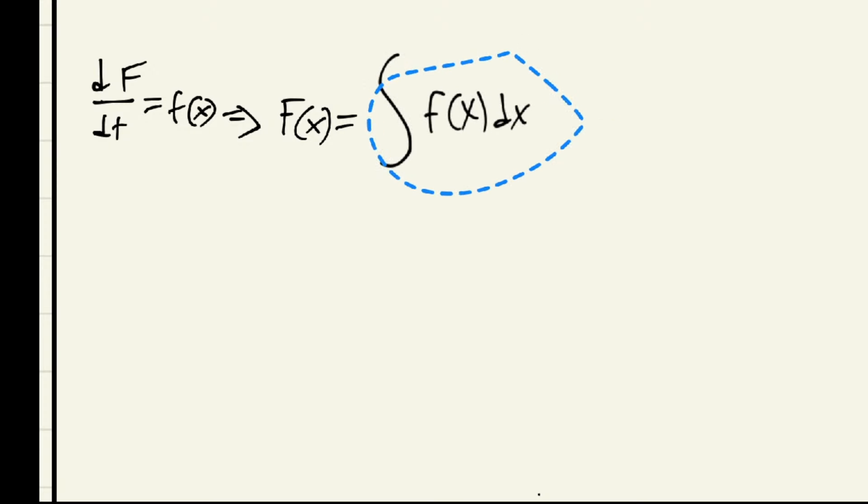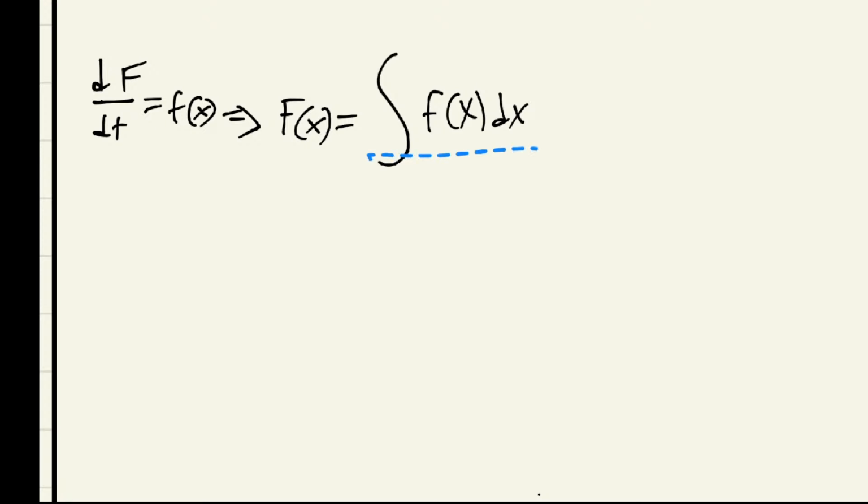That is the claim. So if this, then this. And from this, you could see that the integral is almost a kind of antiderivative. It basically reverses the derivative process, if you want to think of it like that.